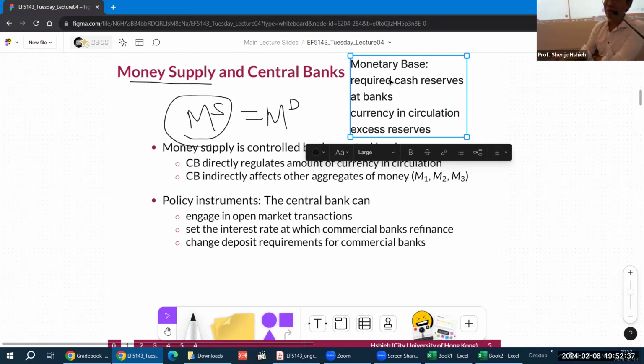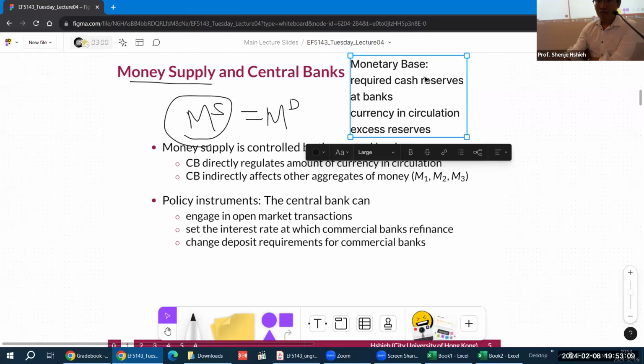So there's a money multiplier effect. Central banks therefore would like certain banks or all banks to maintain a reserve ratio, meaning they always have some cash at hand. That curtails the money multiplier effect. So monetary base includes the required cash reserves, some ratio that must stay at banks, the currency in circulation, and also any excess cash that these banks are holding beyond the reserves.